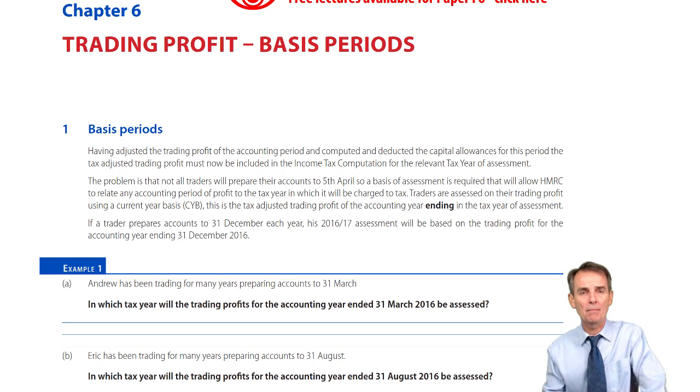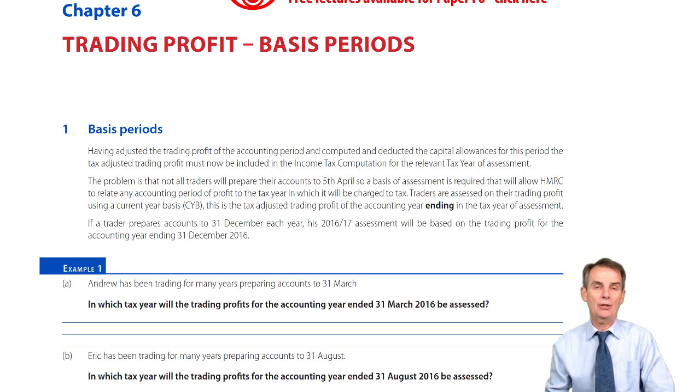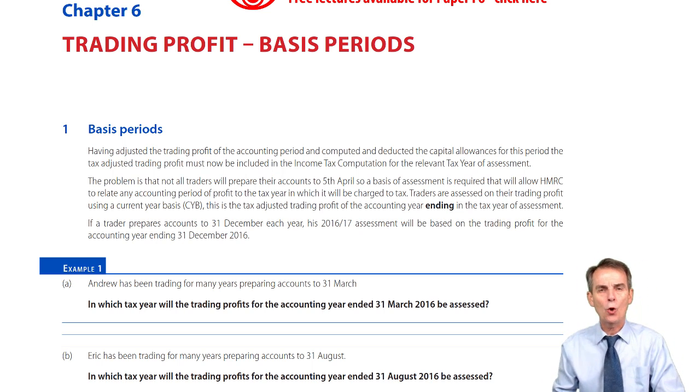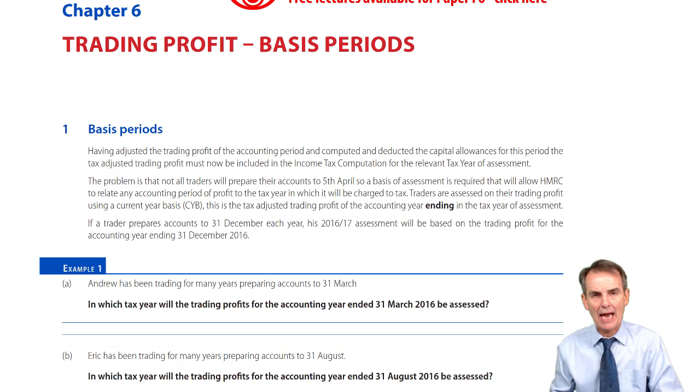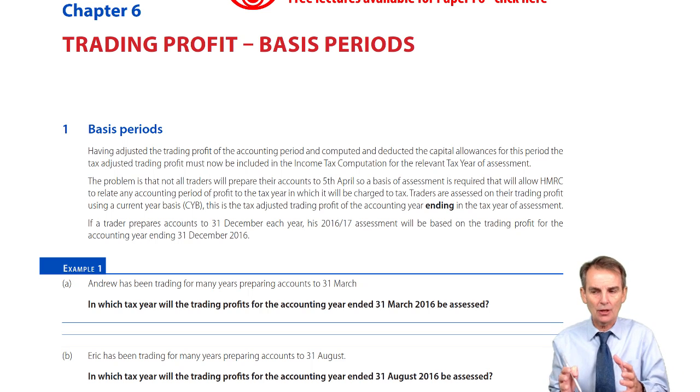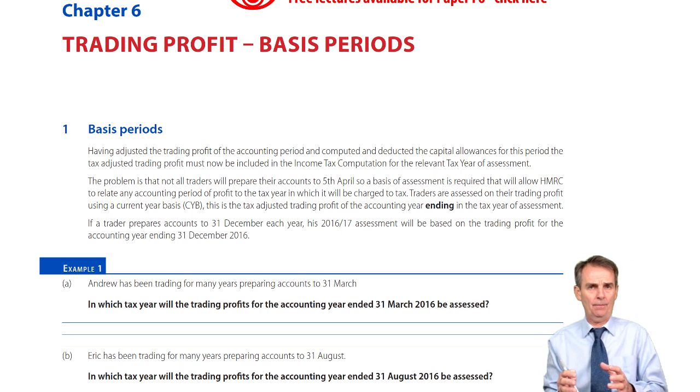And what do we mean by current year basis? What we meant was that for any tax year of assessment, primarily for us the 2016-17 tax year, we would assess the tax adjusted trading profit of the accounting year that ends in the current tax year.